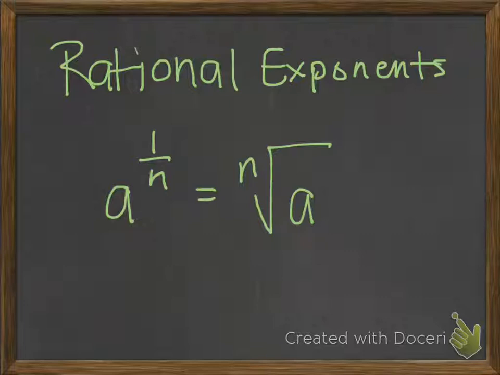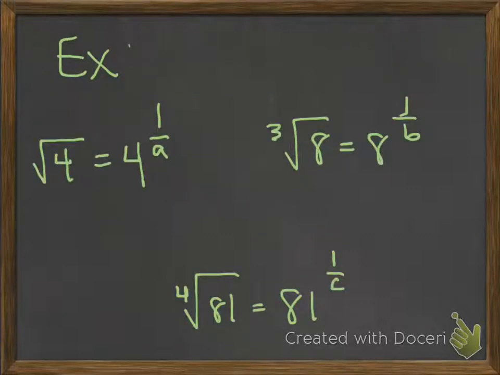Just to do a few examples, when you look at the first problem, the square root of 4, it's implied that there is a 2 here when it's a square root. So if I'm putting it in its equivalent exponential form, a is equal to 2.